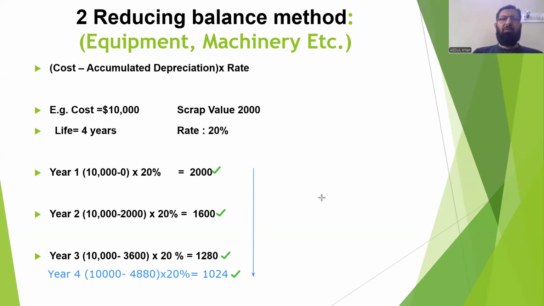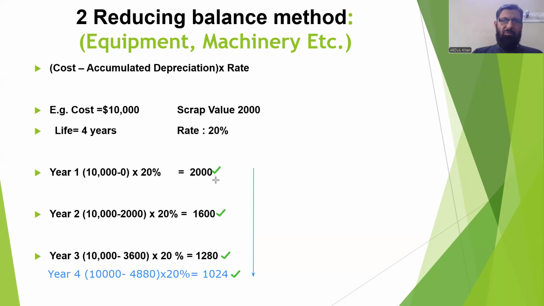Why are we calculating the reducing balance method? Because the benefit of equipment or machinery is diminishing year by year. In year one, the machinery is giving maximum benefit to you, so you can charge maximum depreciation. But in the subsequent years, the efficiency or productivity is decreasing, so you can charge a lesser amount than the previous year.